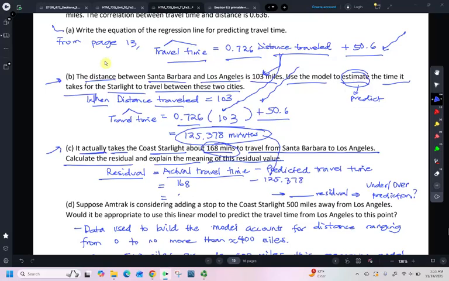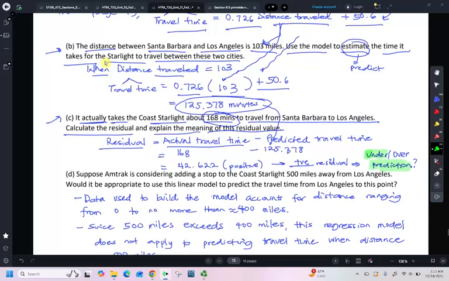And that should give about 42.622 minutes. This is a positive residual. Whenever we have a positive residual, it is an indication of under prediction. Very, very important. We discussed that because it means that the predicted value is lesser than the actual value.